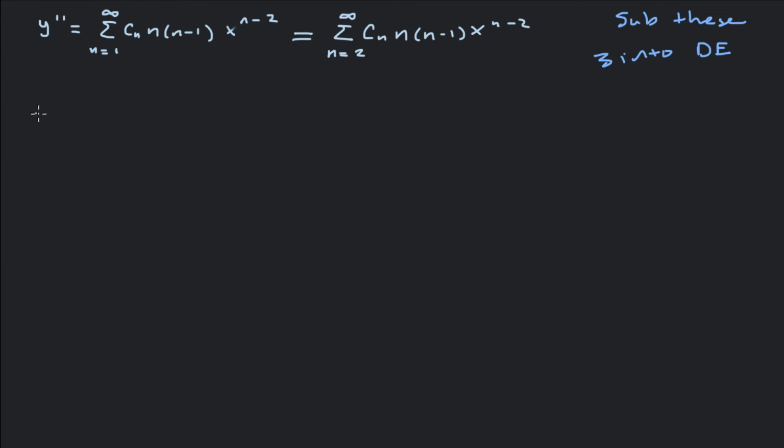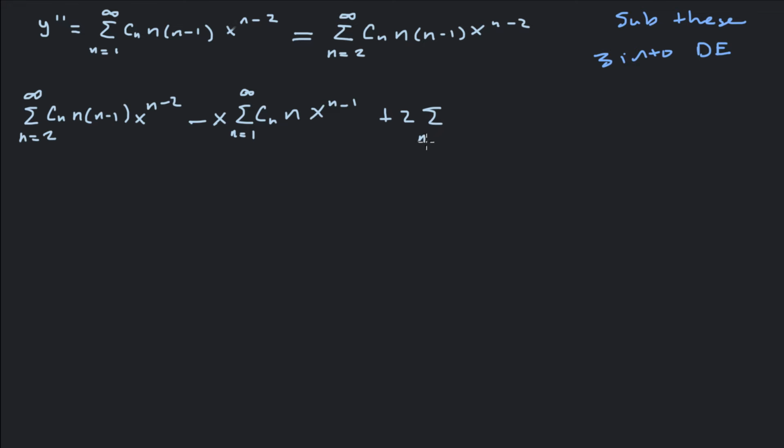So y double prime, we know, is the sum n equals 2 to infinity, Cn, n times n minus 1, x to the n minus 2, minus x y prime, well, y prime is the sum, n equals 1 to infinity, Cn, n, x to the n minus 1, plus 2 sum, n equals 0 to infinity, Cn, x to the n, equals 0.